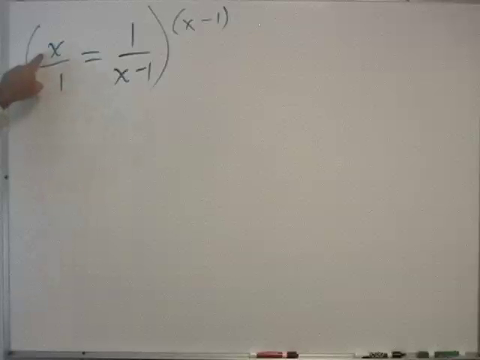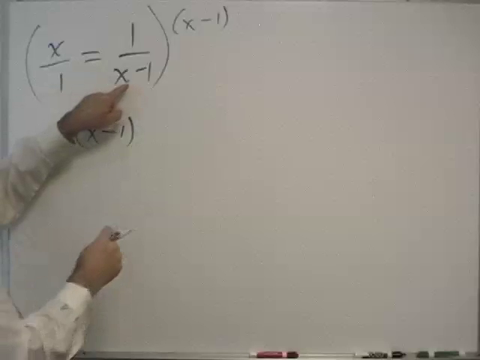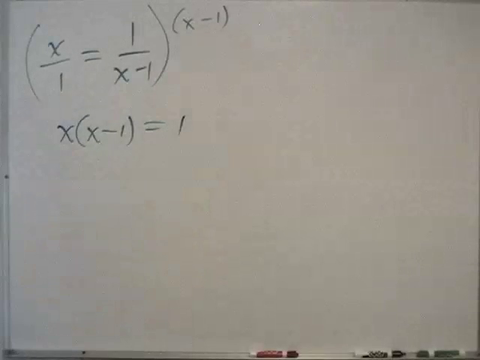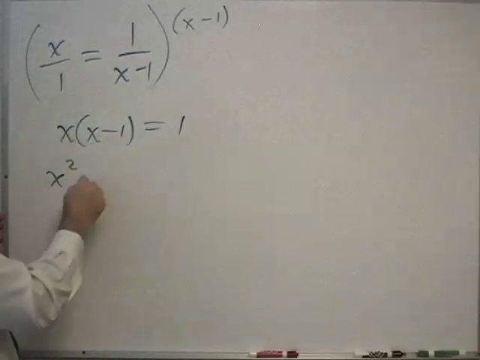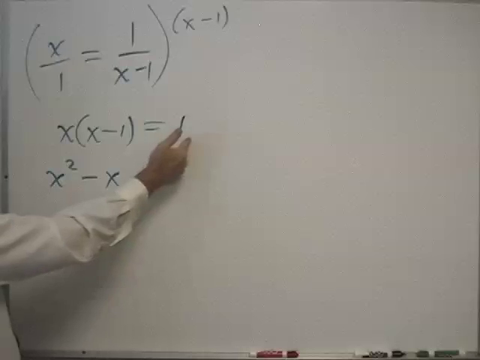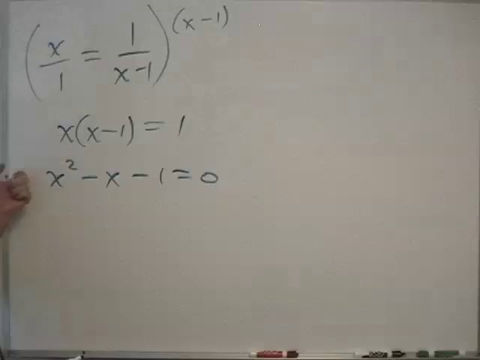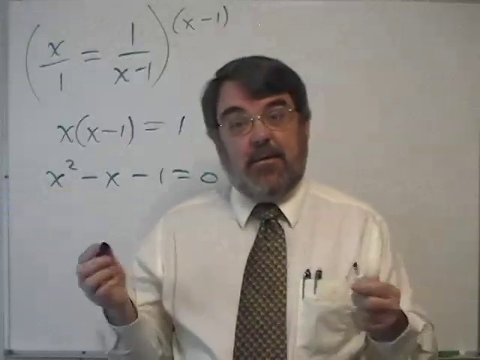On the left I get x times x minus 1. On the right, these cancel and give you 1. If I expand this out, this is x squared minus x, and if I subtract 1, minus 1 equals 0. So here's our basic equation that will find the golden mean for us.